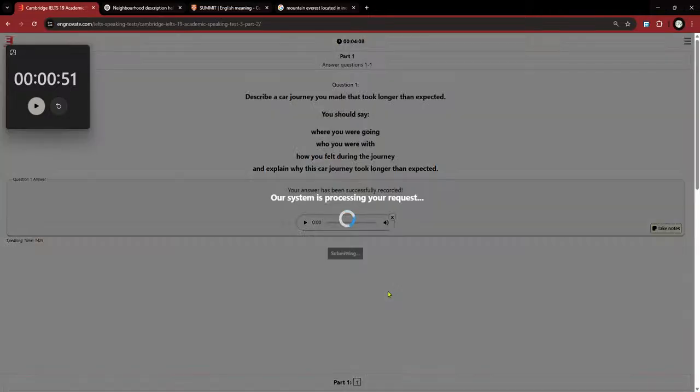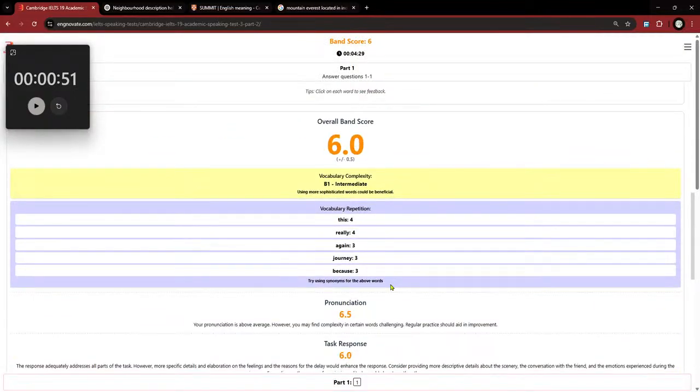7, not 7.5, because I got lost in the midway. When I was describing, I visited my friend in the midway, in the mid of journey. If I get 6.5, I'd be so disappointed. Please, 6, okay, kill me.